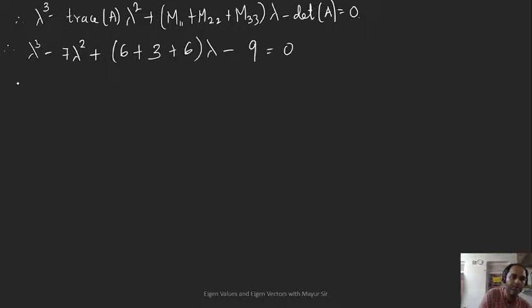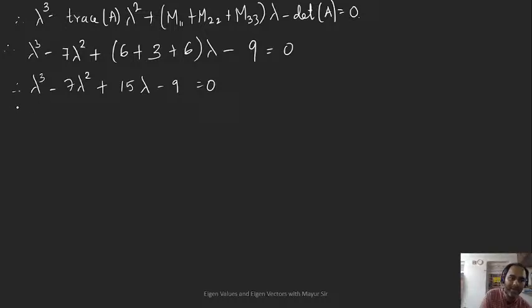So lambda cubed minus 7 lambda squared plus 15 lambda minus 9 equals 0. Yes, the determinant is 9, sorry.